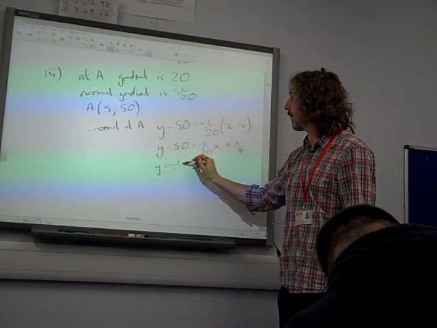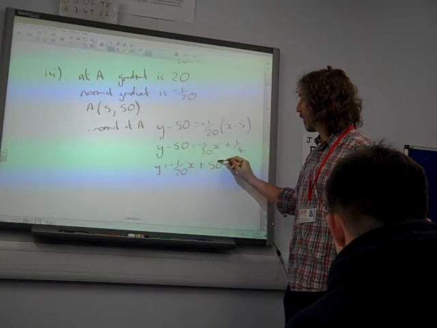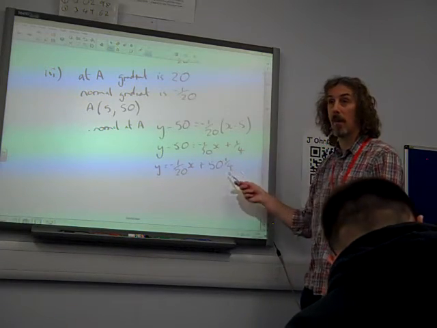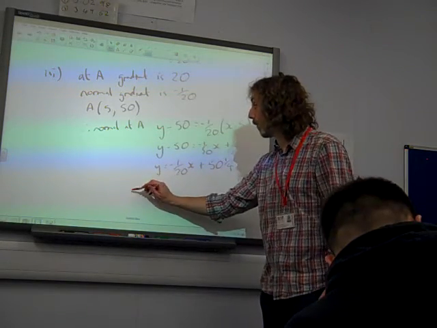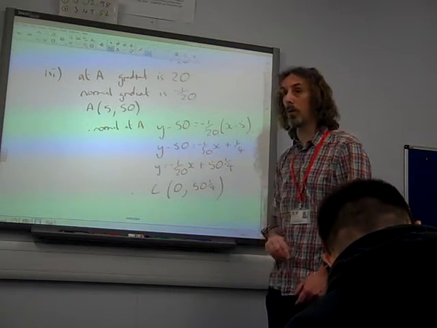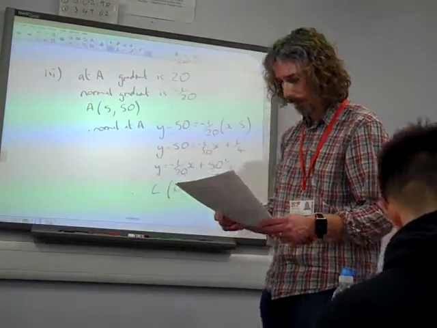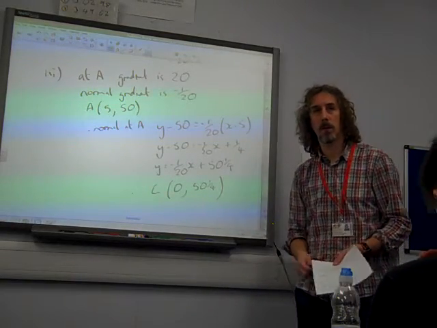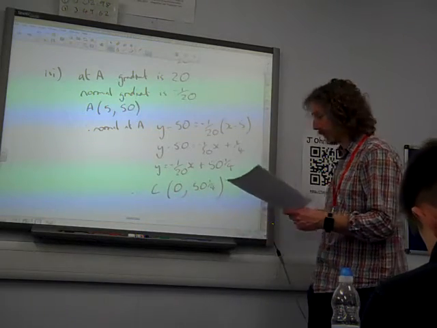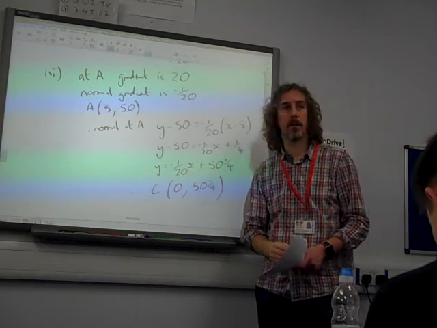So y is minus a 20th of x, plus 50 and a quarter. I don't really like giving it a mixed number, but there you go. There's our y-intercept once we've rearranged it. So therefore, C is the point 0, 50 and a quarter, or 201 over 4. You needed to give 50 and a quarter as your final y coordinate.